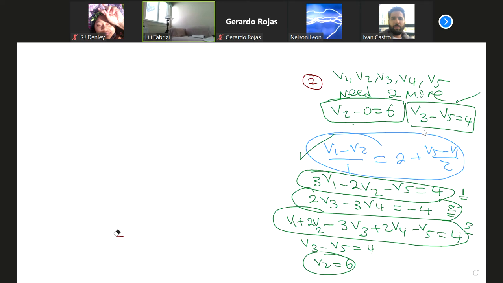Okay, so now you make it 4 equations, because V2 is equal to 6. So minus 2 times 6 is minus 12. Minus 12 taken to the other side, you have 3v1 minus v5 equal to 6 times 2 is 12 plus 16. And then you have 2v3 minus 3v4 equal to minus 4.